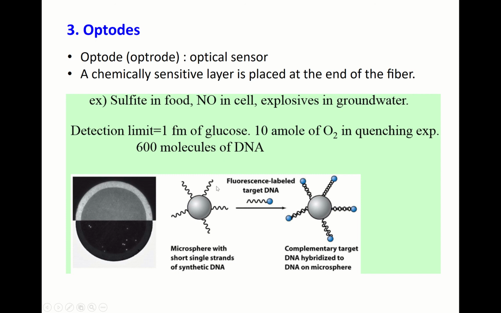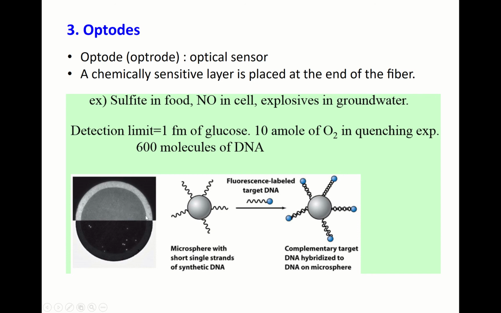So in this way, a microsphere with a short single strand of synthetic DNA is attached on the surface of this optical fiber, and you insert it into your sample.